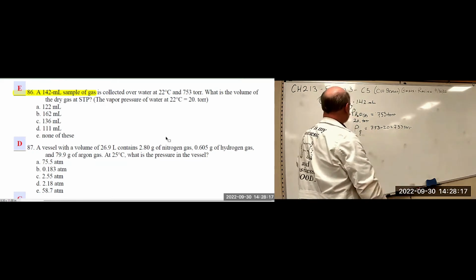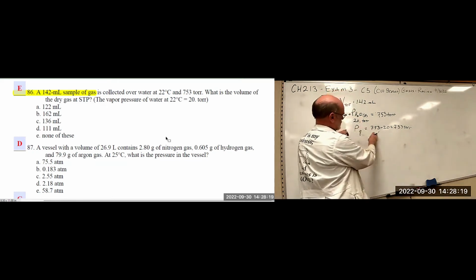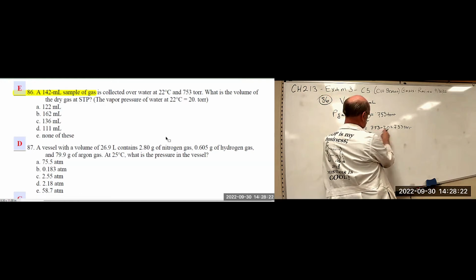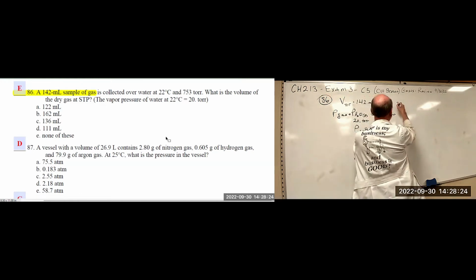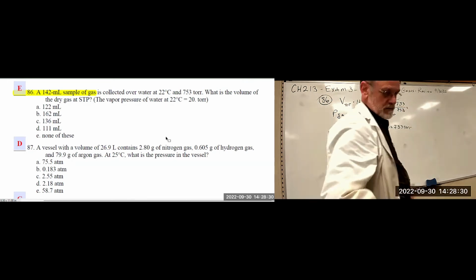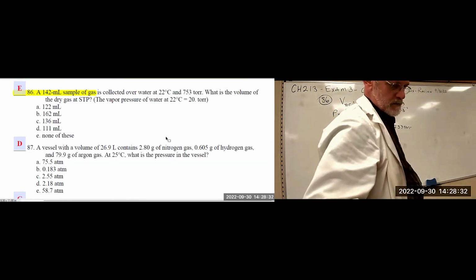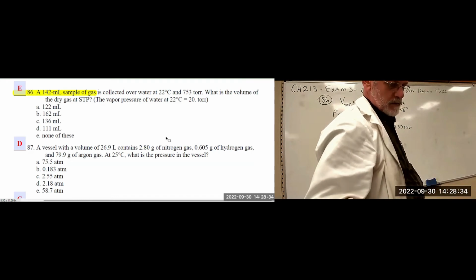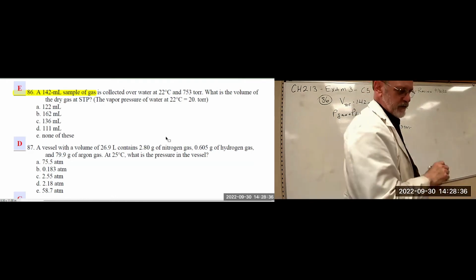So the mole fraction of this one is 733 divided by 753. 0.9734.